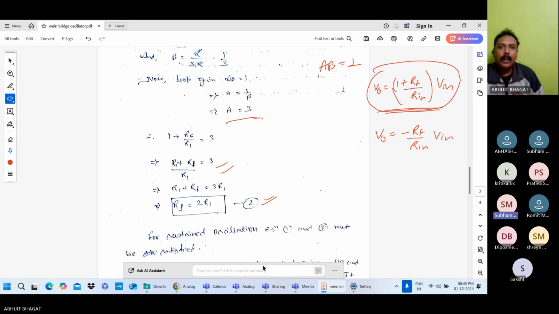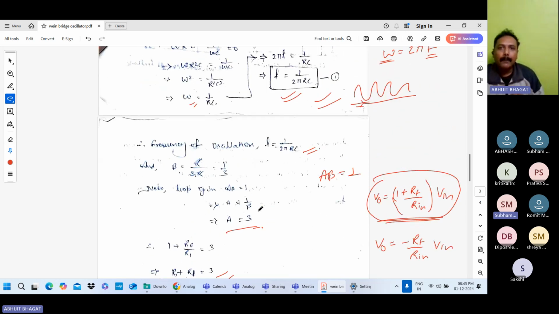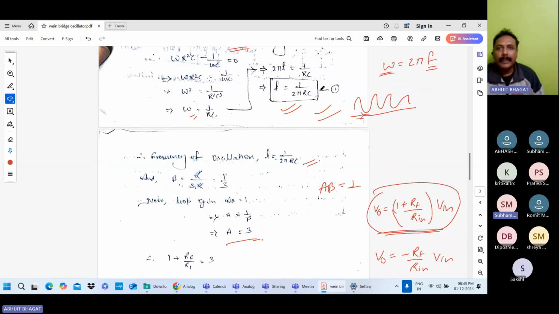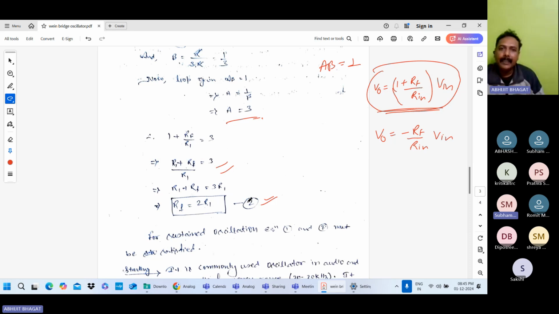Now this is equation 2, and previously the frequency of oscillation equation is equation 1. If these two equations are satisfied in the circuit, then you get sustained oscillation, means you get continuous oscillation across the output side. So this is the criteria of oscillation for the Wien Bridge oscillator.